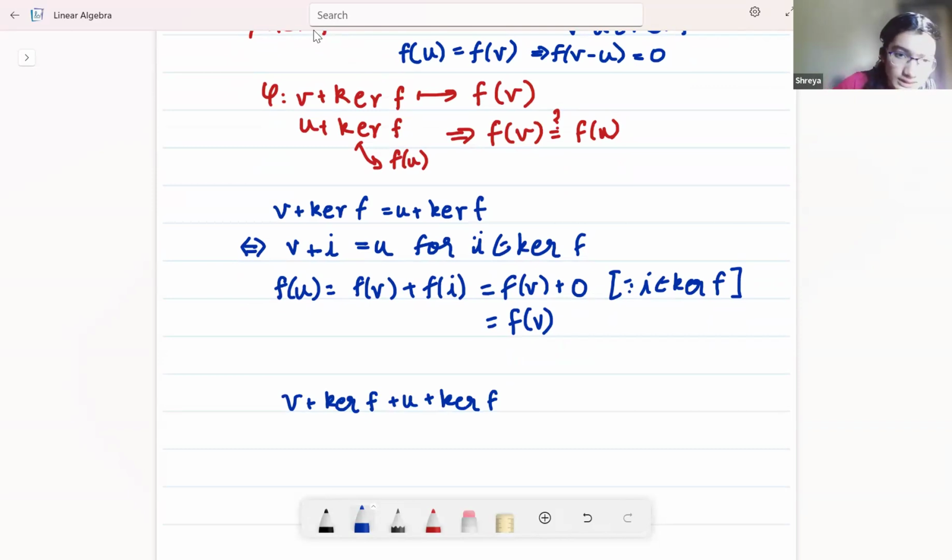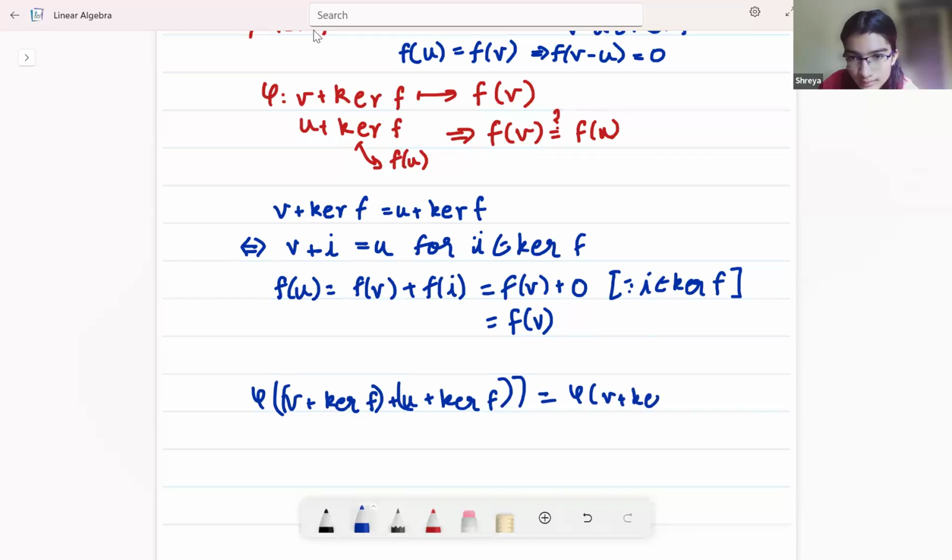If phi is the function, then phi of the sum of these two is equal to phi of v plus kernel of f plus phi of u plus kernel of f.